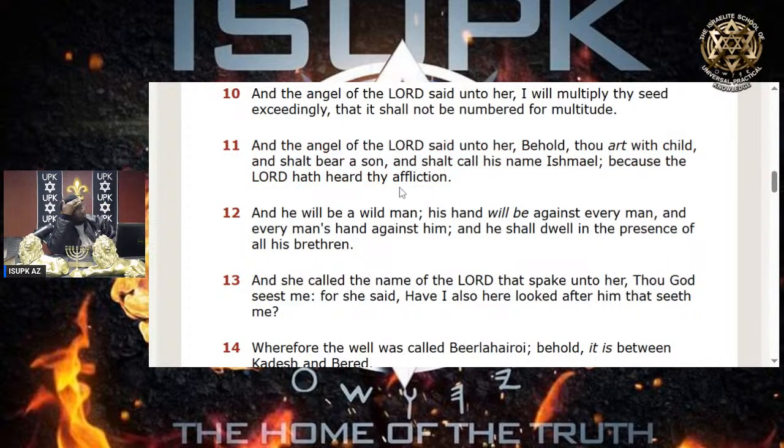All right. So you're not going to get all that in the actual name, right? You're not going to see all that there. Shamai is the Hebrew for hear or to listen.